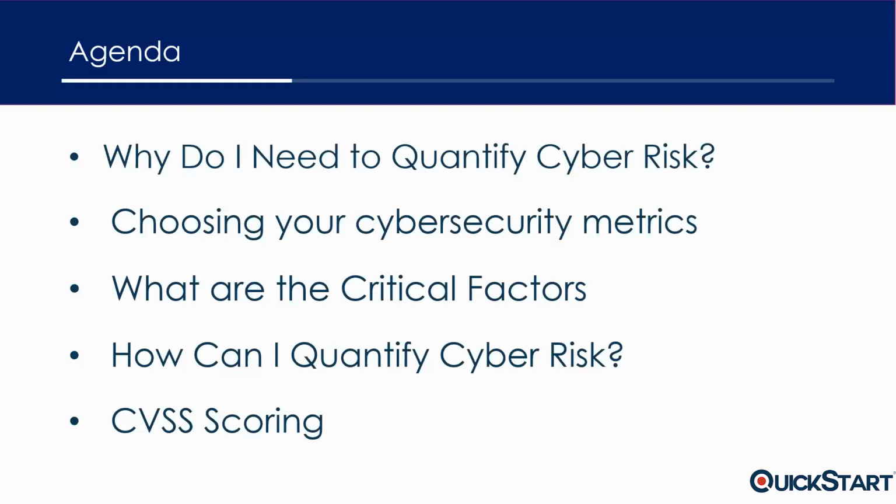So we're going to talk a little bit about why you need to make sure that you are measuring risk, both quantifiably and qualifiably, and how to choose some of your cybersecurity metrics. What are the critical factors when it comes to choosing those metrics? Once you have decided on those metrics, how do you take that raw data and formulate it into something that can be qualified and quantified to show to the stakeholders?